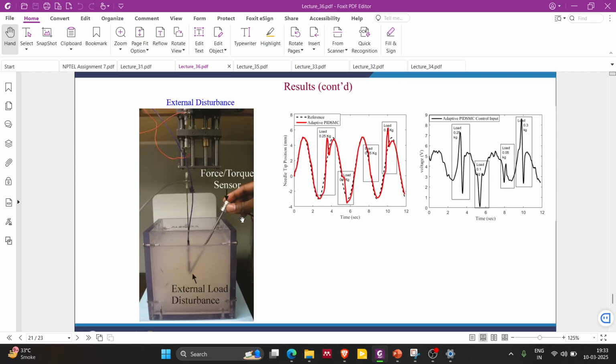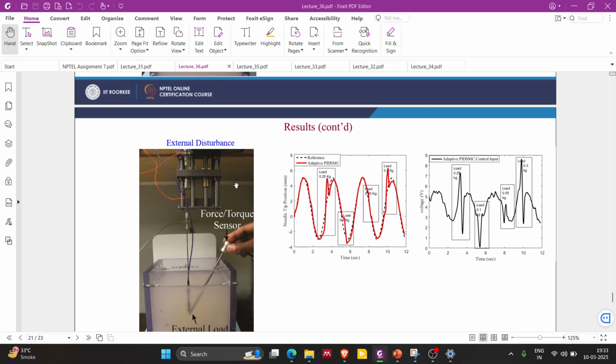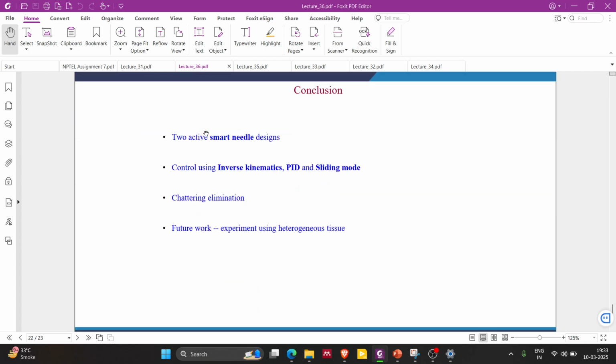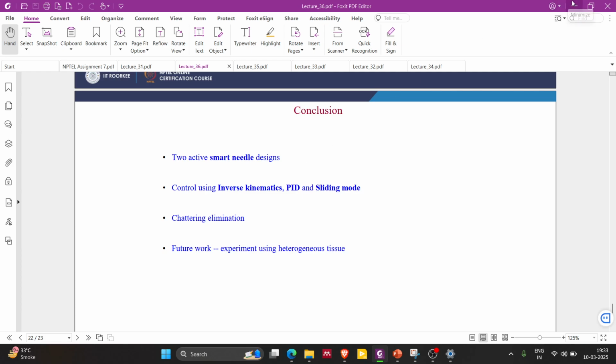I think he also used a force torque sensor. He finally introduced force and torque at the end point. So there are two types of disturbances he introduced.